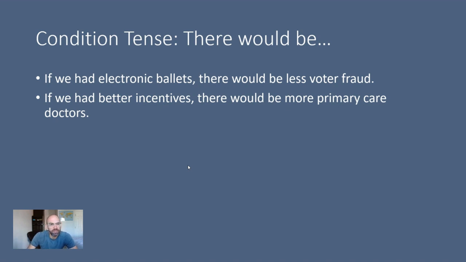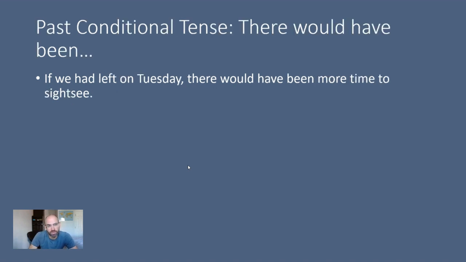And then finally, we have the past conditional tense, which is the most complicated. And in this case, we say there would have been. So we use the would, and then we use have, and then we use the past participle of be, which is been. Check out my other video on how to form the past participle if you haven't seen that one.